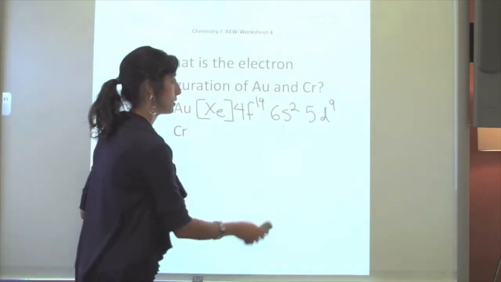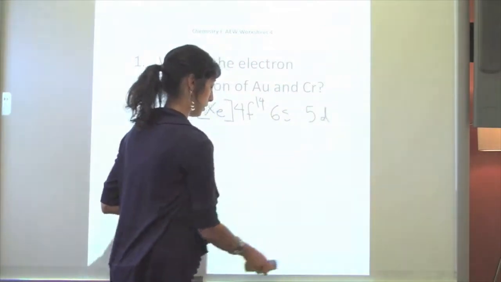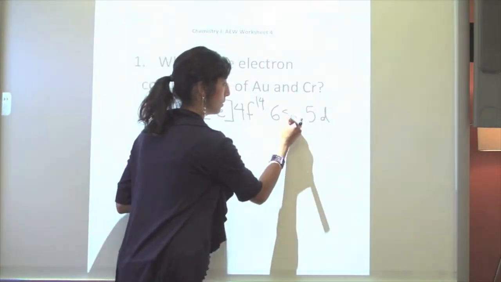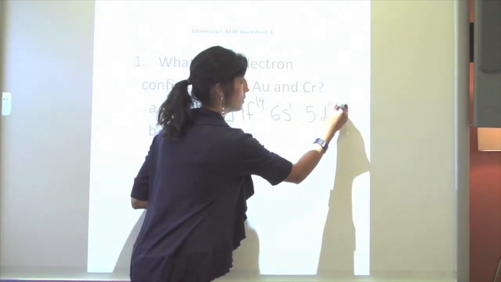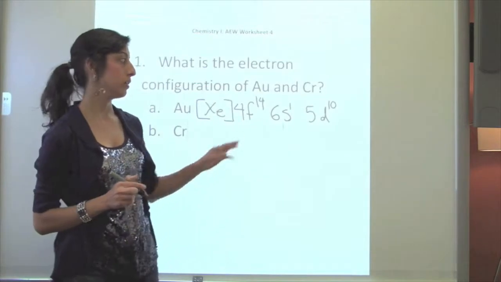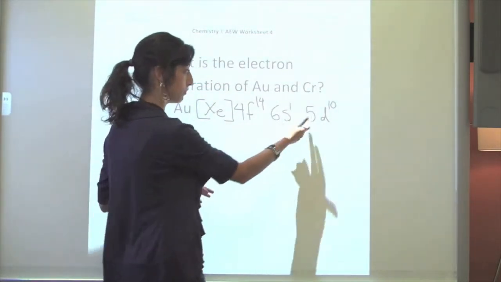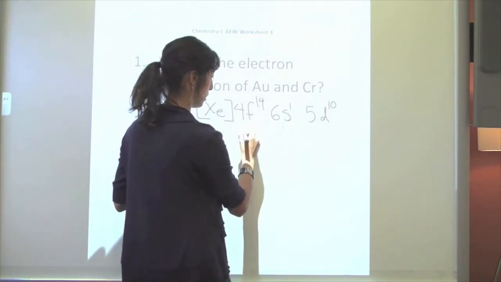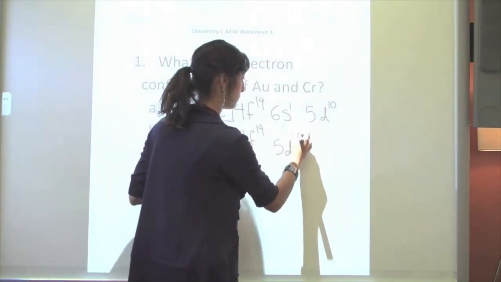So what actually ends up happening is that one of these electrons comes to the d orbital, and we get a 6s1 and a 5d10. Now, because 5 is smaller than 6, we should write it this way.